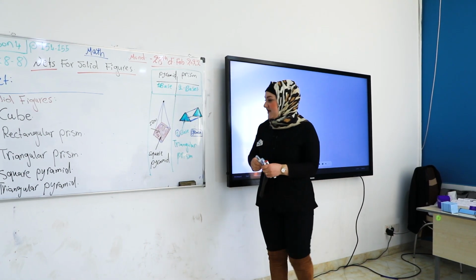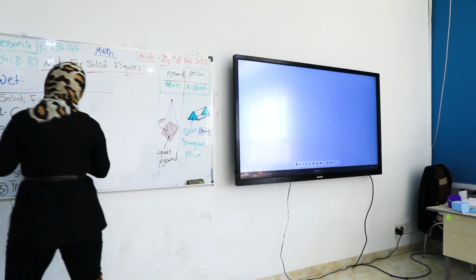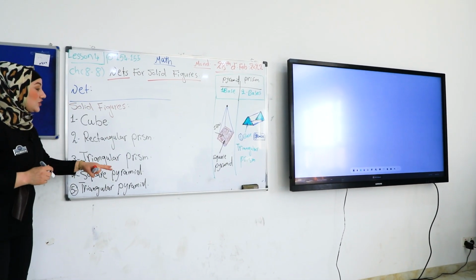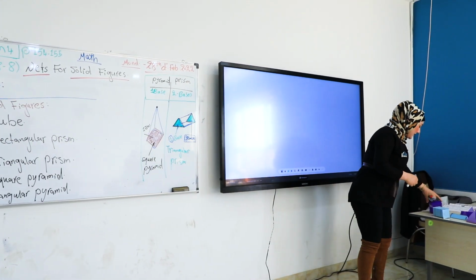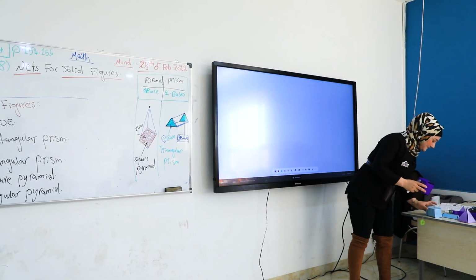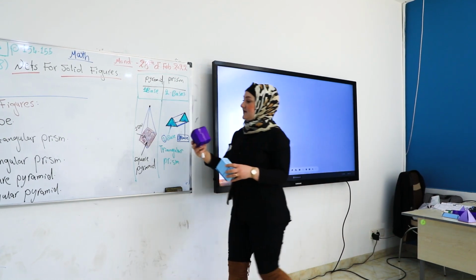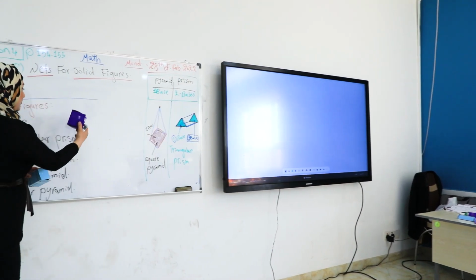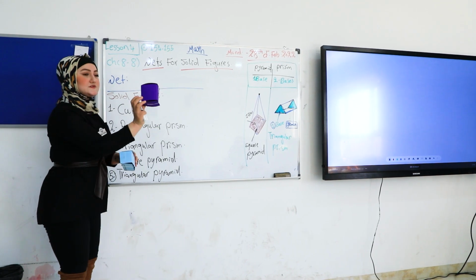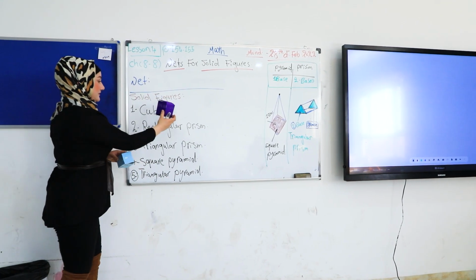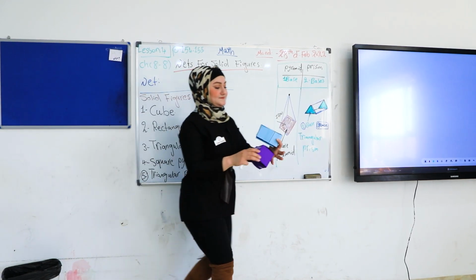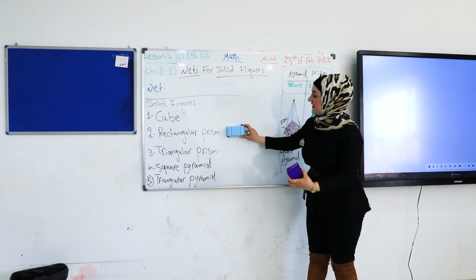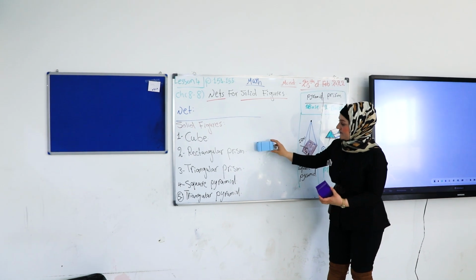Okay, guys. Now, I'm going to draw all the shapes here, but before drawing them, let me show them to you. Guys, as you see, this is a cube. The rectangular prism is this.